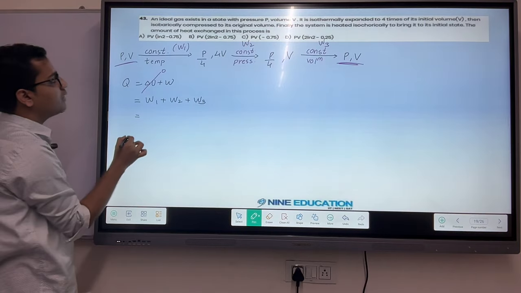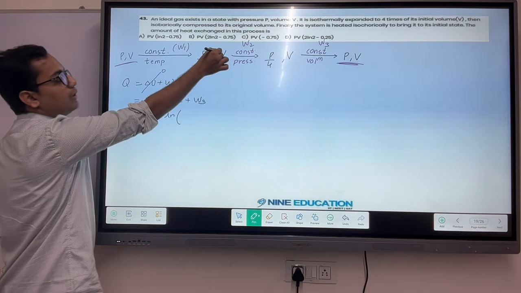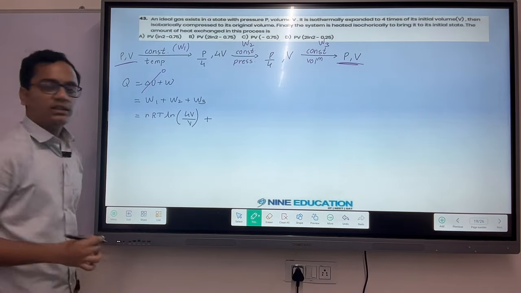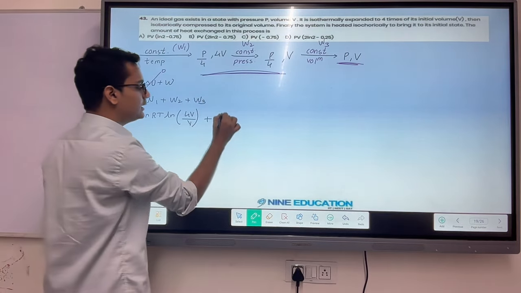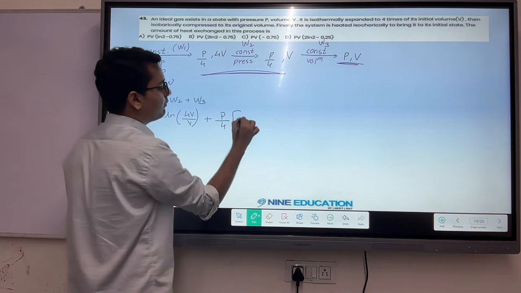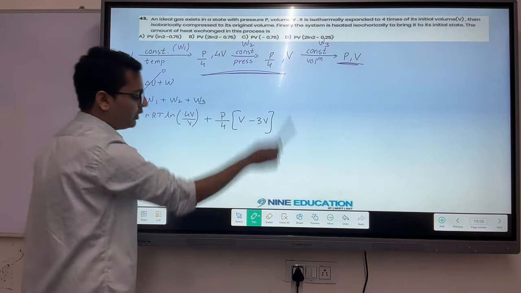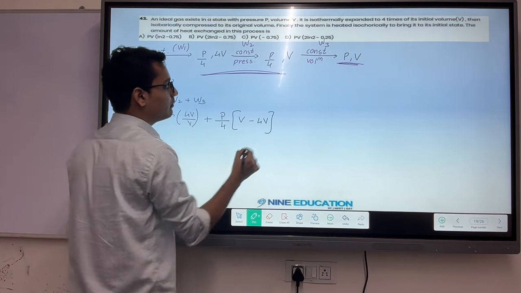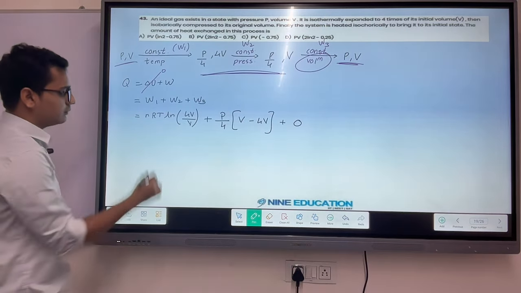What is W1? Isothermal process, nRT ln V2 by V1. V2 is 4V, initial volume is V, plus W2. In this process, it is a constant pressure process. So this is the pressure, constant pressure into the volume change. Final volume V minus initial volume 4V, that is minus 3V. Clear? Plus W3, constant volume, 0, no work done.